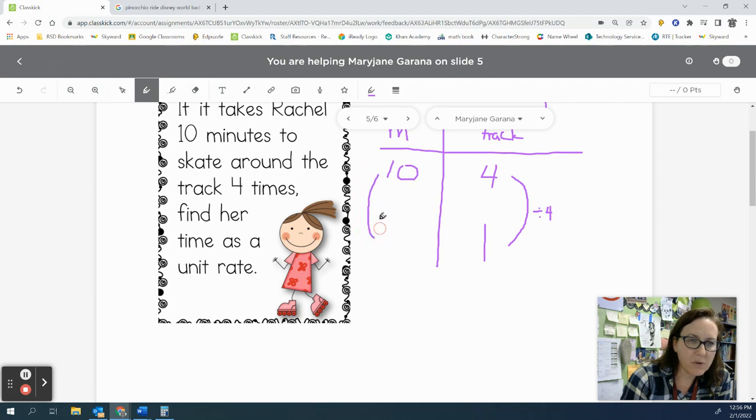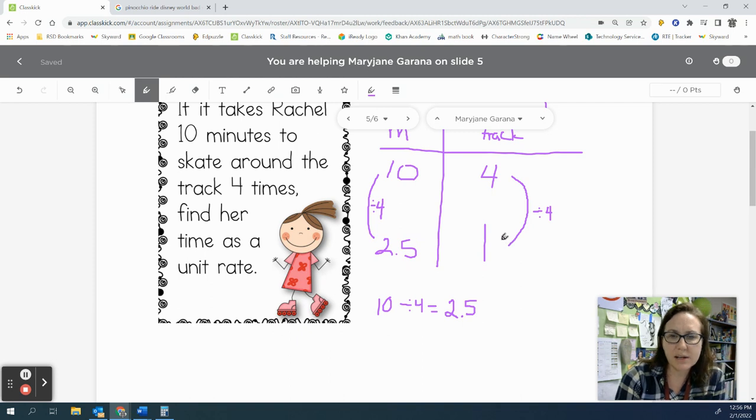We're going to divide it by 4 also. And 10 divided by 4, if you type that into your calculator, equals 2.5. So it's going to take 2.5 minutes to go 1 lap around the track.